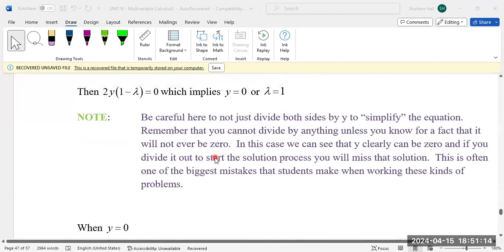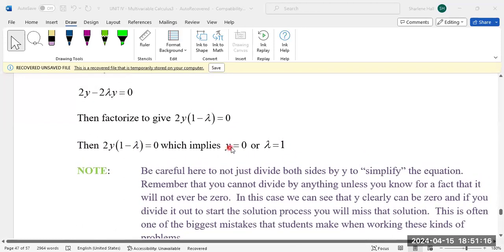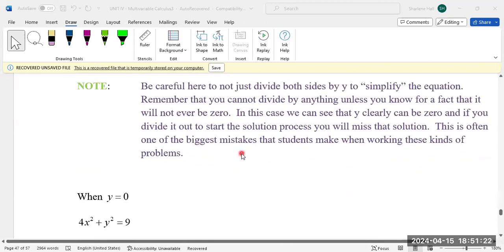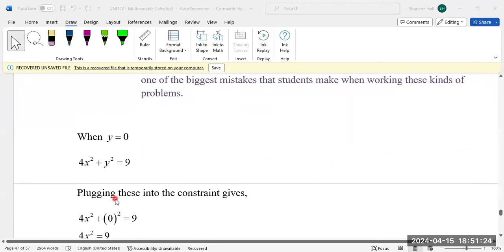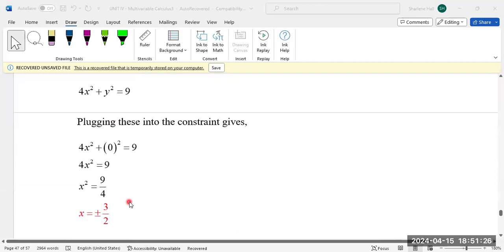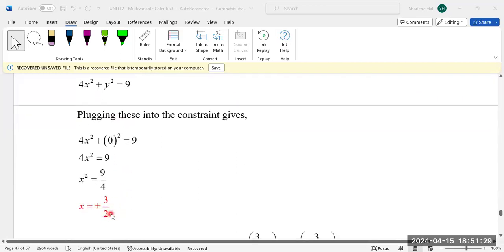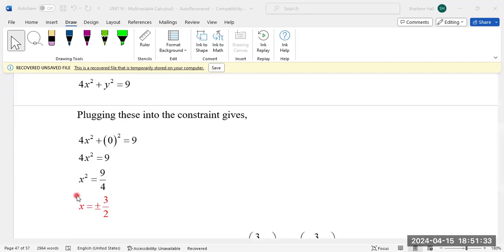But we know that one of the values that we got from way up top here is y equals 0. So we have to use this y equals 0 because that's what we started off with. When y equals 0, that's how we substitute y equals 0 into the function to get the x value. So this y equals 0 is married to the plus or minus 3 halves.